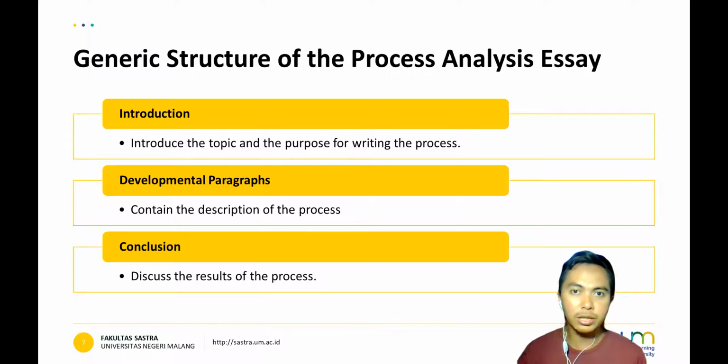Then you introduce your thesis statement, and then you develop the developmental paragraphs, which contain the process, the details or steps in your how-to process. In the conclusion, you will discuss the results of the process. This makes the expository process analysis essay different from, for example, the classification essay, illustration essay, and comparison and contrast essay.